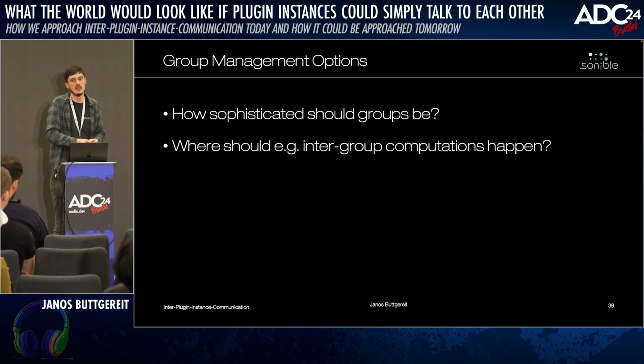We approach it by electing a group leader plugin at the moment. So this group leader will have the job to compute this inter-plugin curve and distribute it back to every other instance. But yeah, this could be done differently.